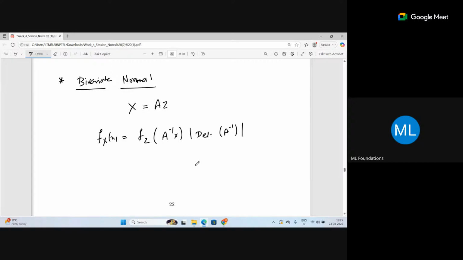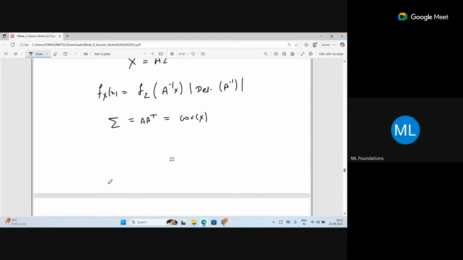What was the covariance matrix? The covariance matrix denoted by sigma was equal to A A transpose, and we said that this is the covariance of X. Then we have seen one more property of it as the determinant of A inverse.